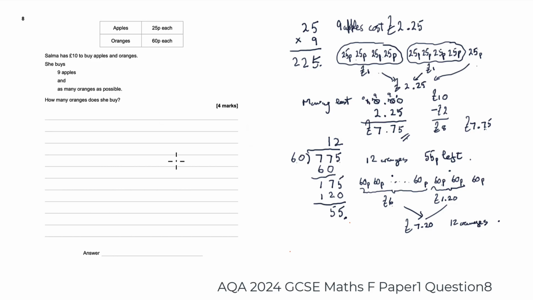So in total, how many oranges does she buy? 12 oranges. And either this long division or something akin to this type of working would be suitable to fill in there, to gain your 4 marks. You must show working to gain full marks.